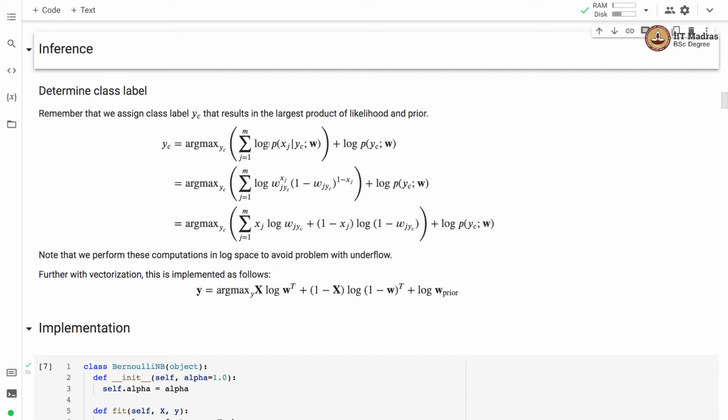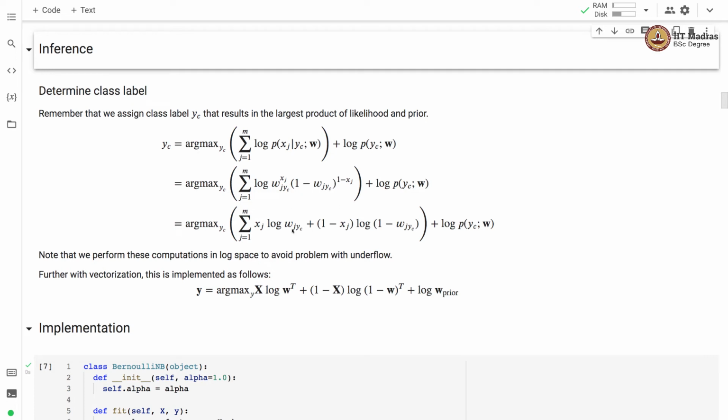Here the likelihood, p(x_j given y_c) parameterized by w, we write as w_jyc raised to x_j times 1 minus w_jyc raised to 1 minus x_j, and this comes from the assumption of Bernoulli distribution. Now when we apply log on this, it becomes x_j log of w_jyc plus 1 minus x_j log of 1 minus w_jyc.